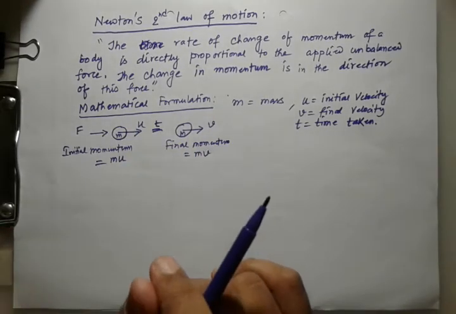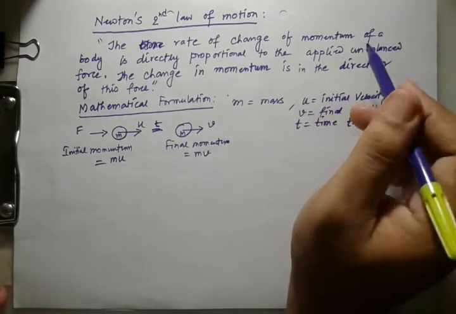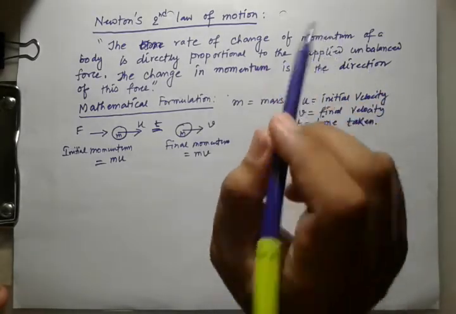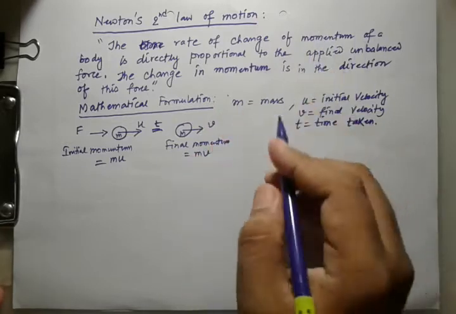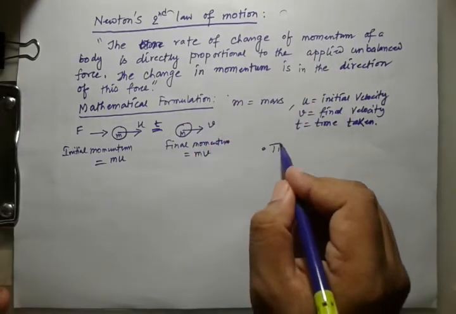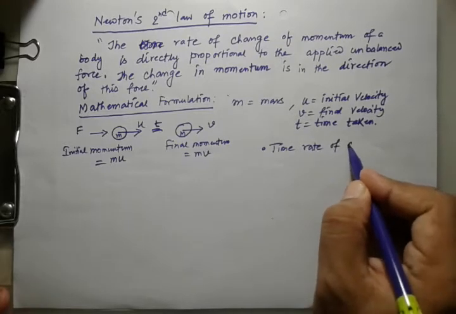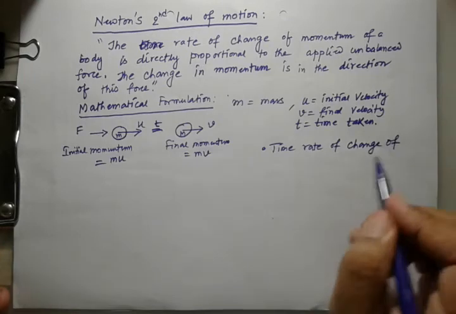What does the law say? The force is directly proportional to the change in momentum, more precisely the time rate of change of momentum. Write down: time rate of change of momentum.